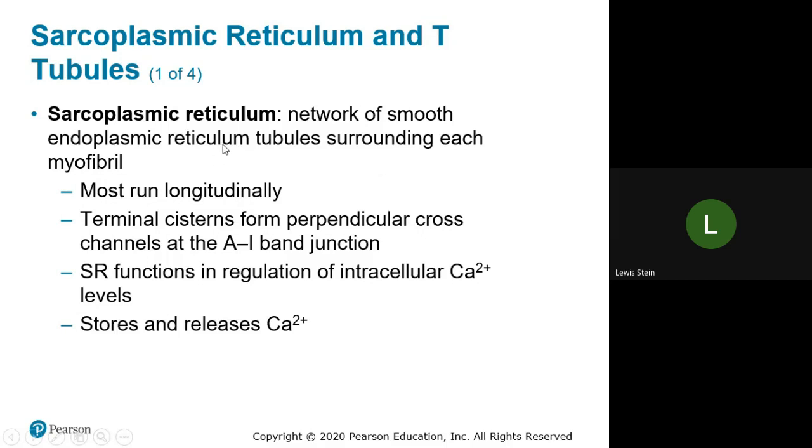Sarcoplasmic reticulum. Normally we're used to seeing endoplasmic reticulum, but here there's very little rough endoplasmic reticulum. It's nearly all smooth. And one of the roles of sarcoplasmic reticulum is to form cul-de-sac pockets that store things, in this case, particularly calcium. The calcium that affects skeletal muscles is intracellular.